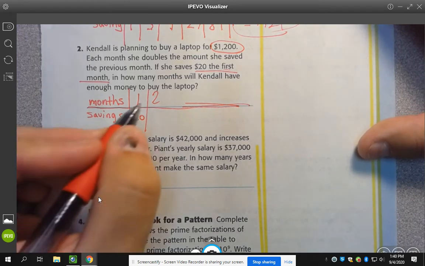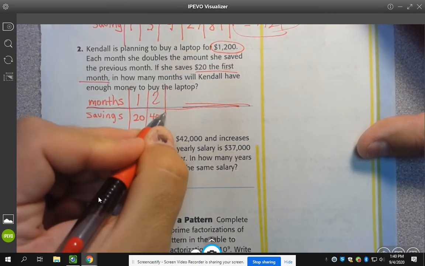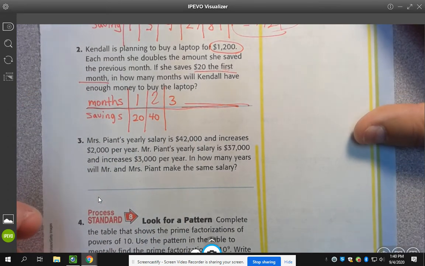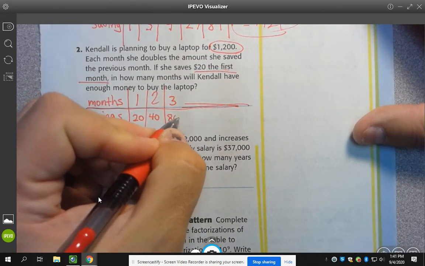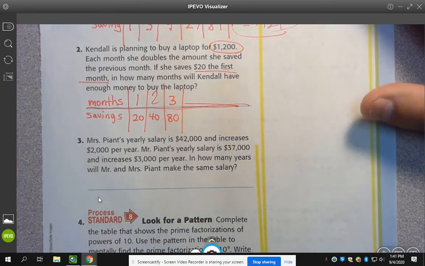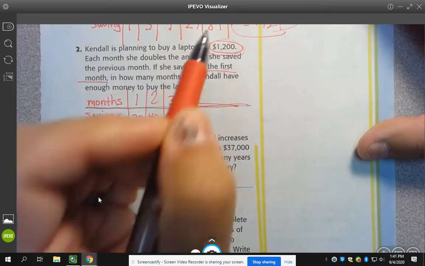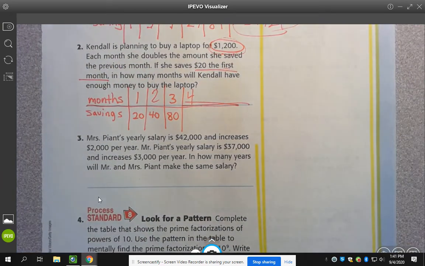Laura? 40. Okay, Brighton, if we double 40, what are we going to get? Okay. If we double to the 4th month, remember we're shooting for this number here. If we double 80, what are we going to get here, Mikey? Doubling 80. Add 80 and 80 together.